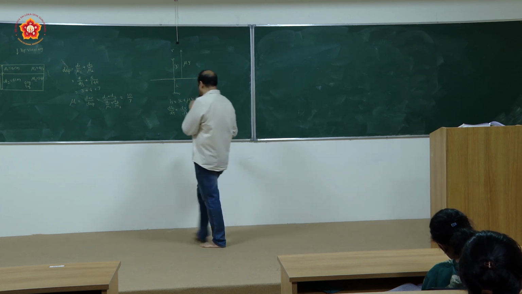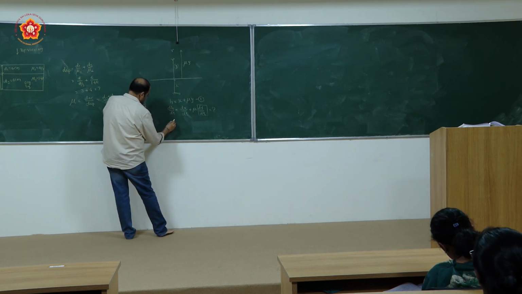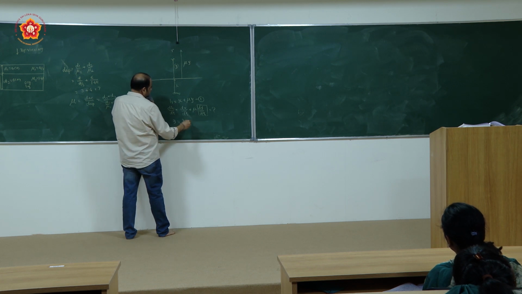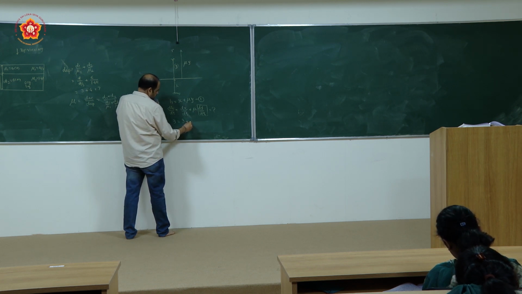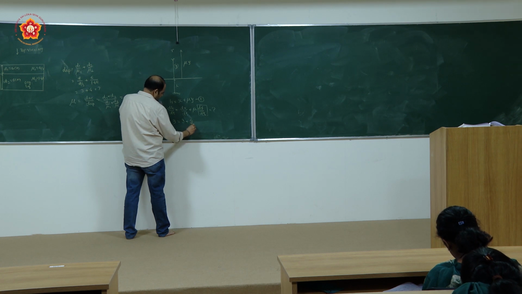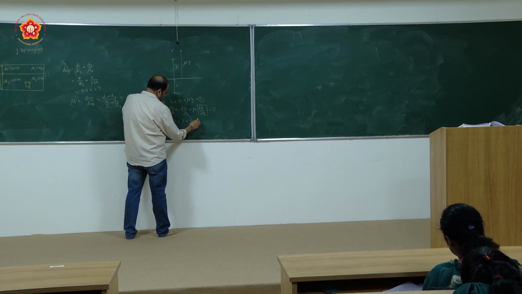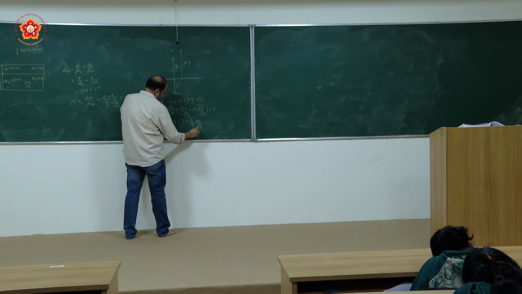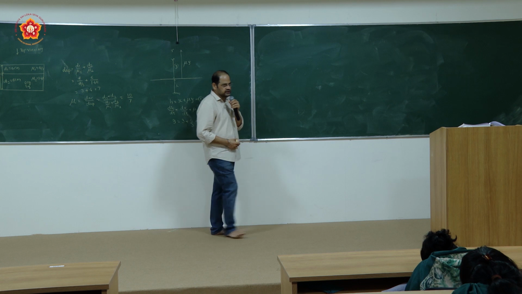The fish is moving upward with the speed of 3. So 9 is equal to 3 plus refractive index 4 by 3 multiplied by dy by dt. So you need to calculate only dy by dt. You will be able to get the answer for the given question.